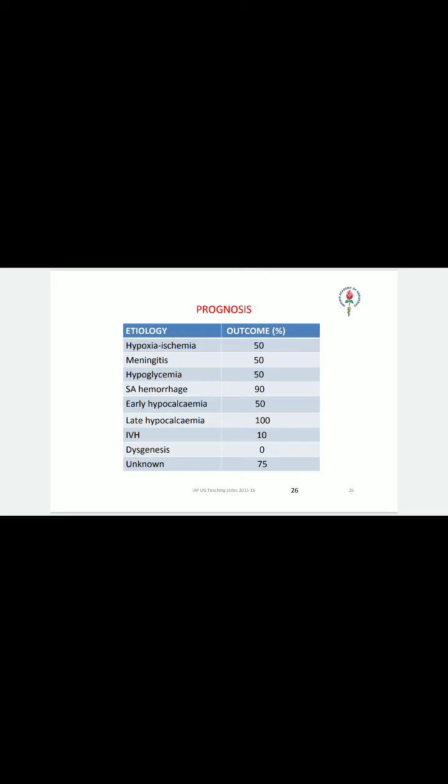If they are not detected early and intervened early, the sequelae are going to be more because it is a growing brain.